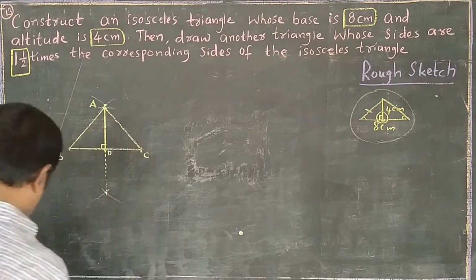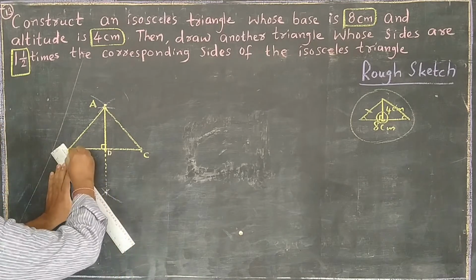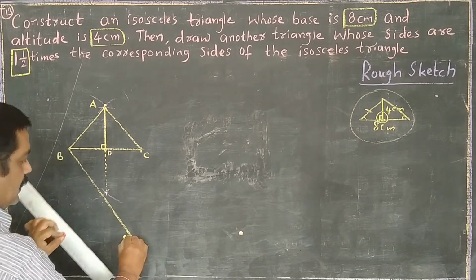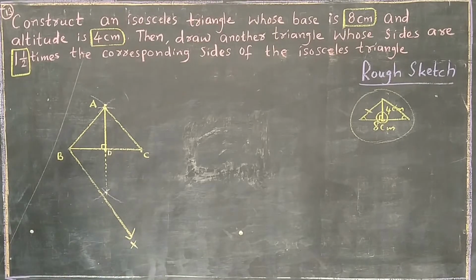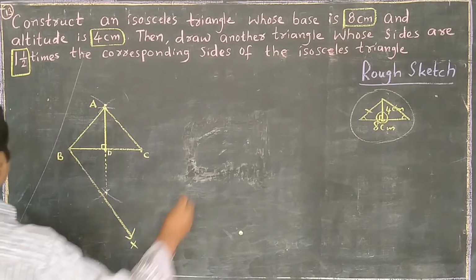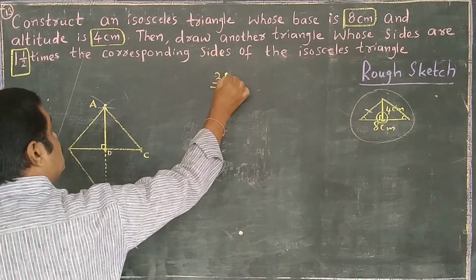Next, as we did in the 11th and 12th questions, first draw an acute angle, meaning draw ray BX, so that CBX is an acute angle. For 3 by 2 times, which is the biggest number? 3.